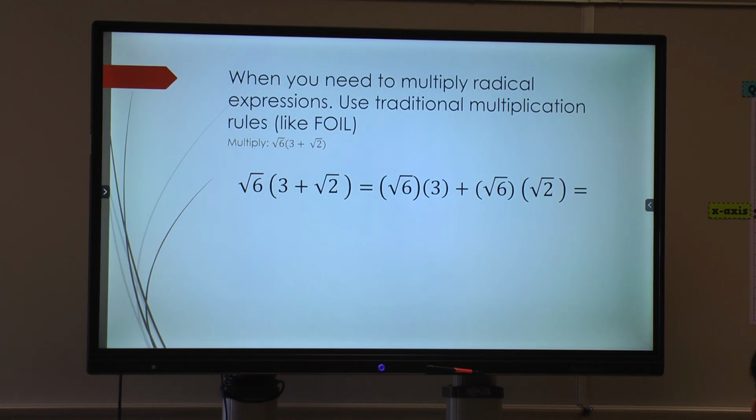Once I do that, I'm going to break it down into 2 parts. Everything on one side of the plus sign is one part of the equation. Everything on the second side is the second part. We're going to break it down so that we can then solve it. So I see that 3 times radical 6, I get 3 radical 6.